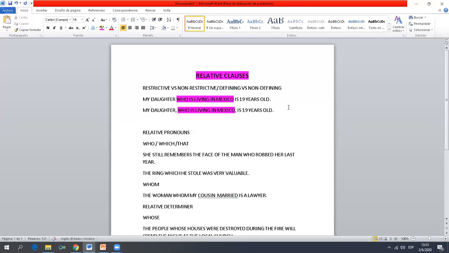Which are the two sentences involved in the first case? Well, in both cases, really. On the one hand, my daughter is 19 years old, and then she's living in Mexico. So from two sentences, you can make one by using a relative clause.